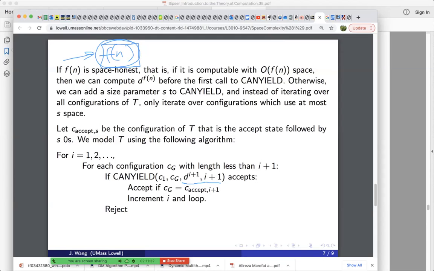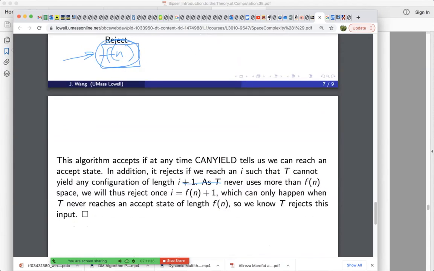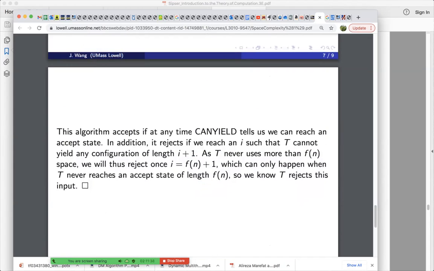So why does it work? A simple argument can convince us. This algorithm accepts if at any time CanU tells us we can reach an accept state. In addition, it rejects if we reach an i such that CanU fails for any configuration of length i plus 1. Since T never uses more than f of n space, we will thus reject once i reaches f of n plus 1.